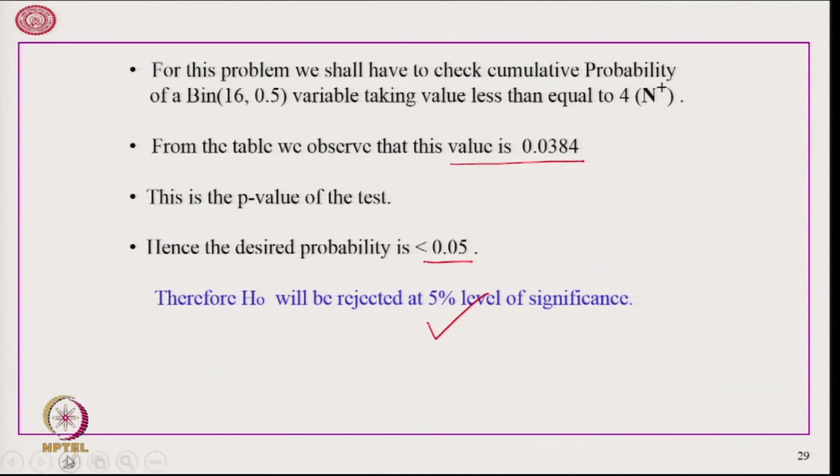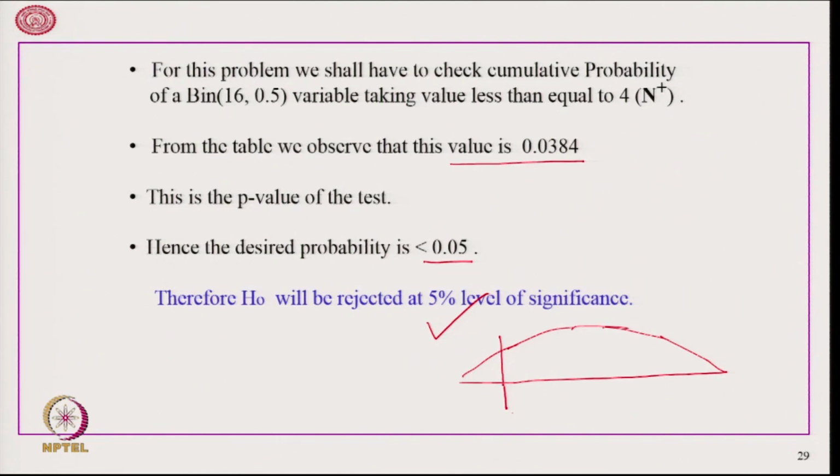If you do not understand this, let me give you an illustration. If it is a binomial distribution with p equal to 0.5, it is going to be very symmetric around the mean, and we are looking at 5% level of significance.